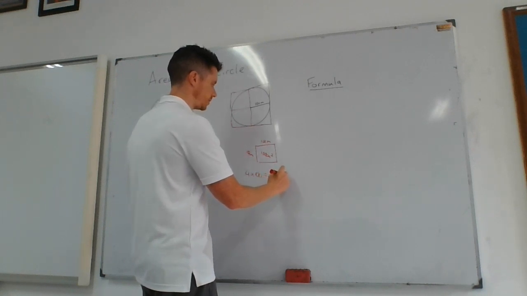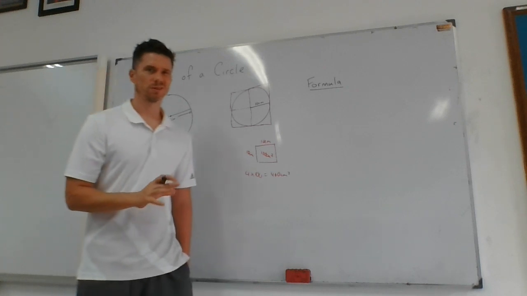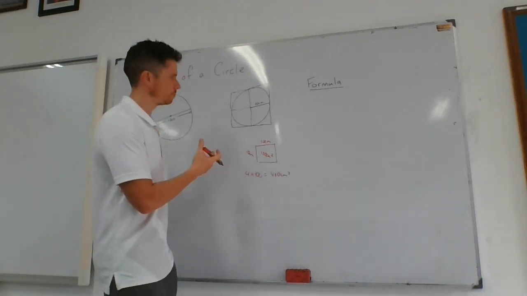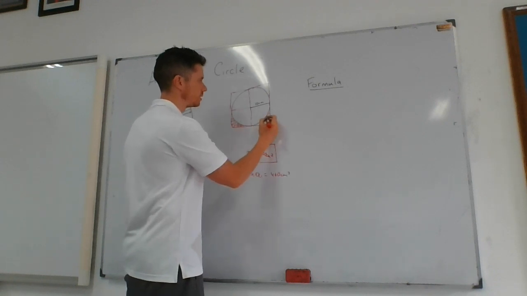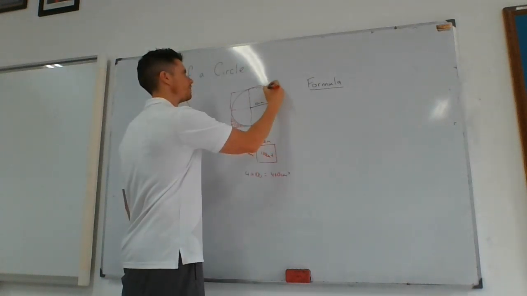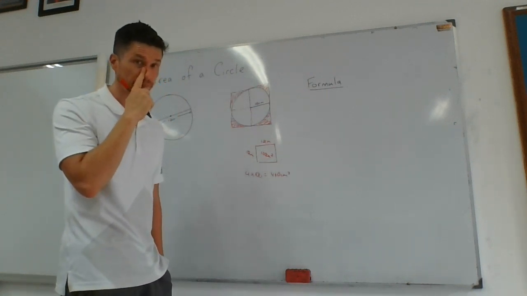It's 400 centimeters squared. But of course, there's bits that are included, so all these bits on the outside are included in that area, and we don't want them included in the area.